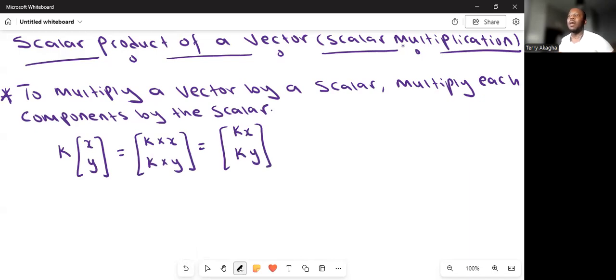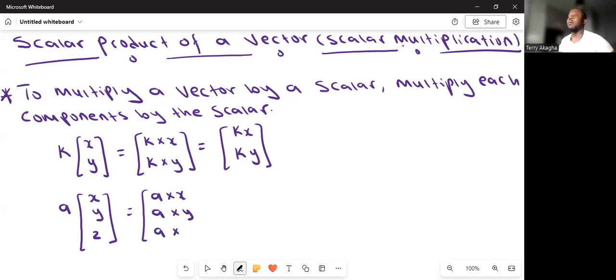Or if you're multiplying a scalar quantity a by three components, x, y, and z, it's going to be the same thing. You're going to have a multiplied by x, a multiplied by y, a multiplied by z, and then it's going to give us ax, ay, and az. Easy, right?